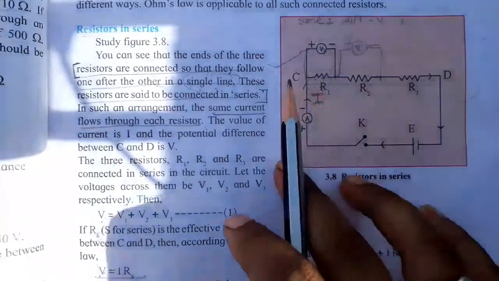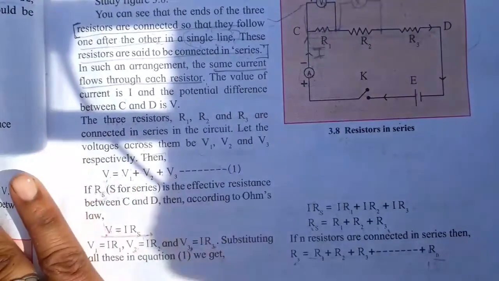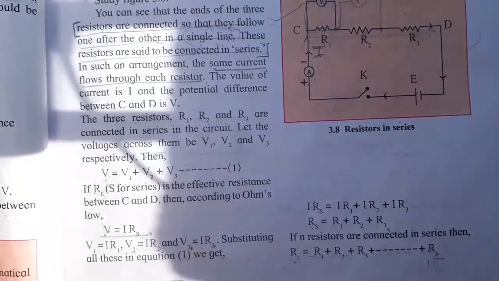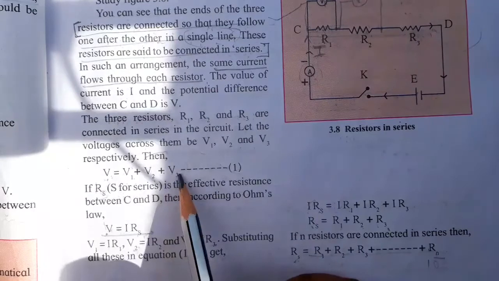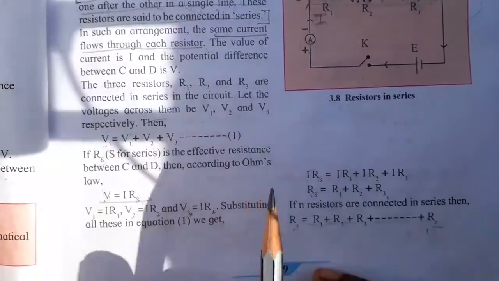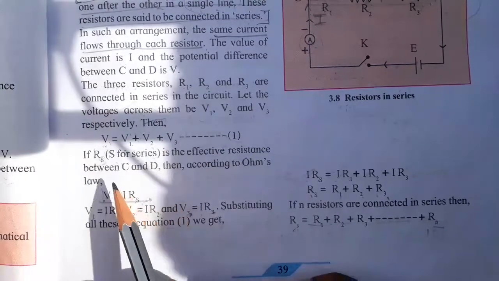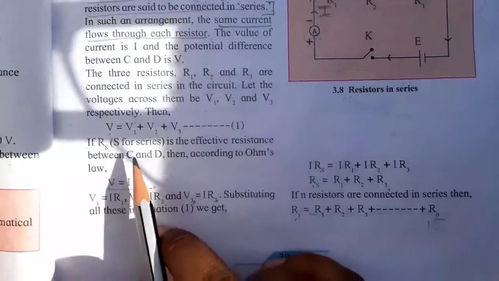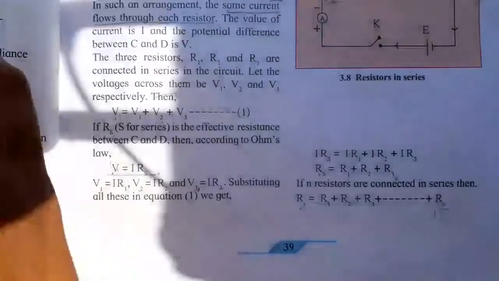So the total voltage, that is the potential difference, is the addition of the voltages across R1, R2 and R3. So V is equal to V1 plus V2 plus V3. RS is the effective resistance for the series connection, the resistance between C and D. According to Ohm's law, the voltage is directly proportional to the current flowing through the resistors.